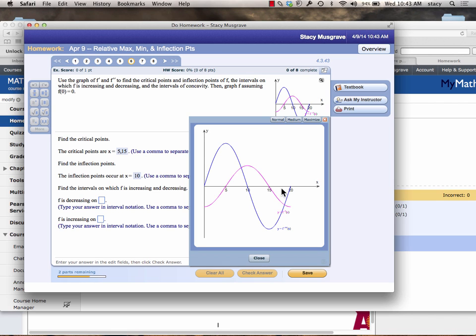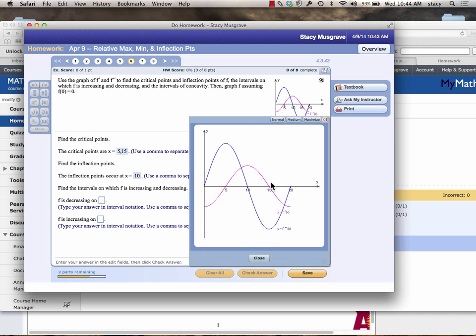So 0 to 5 and 15 to 20. And then f is increasing when the first derivative is positive. So that happens from 5 to 15. Notice that it doesn't matter that the first derivative is decreasing from 5 to 15. That has nothing to do with whether or not the function itself, f, is increasing or decreasing.